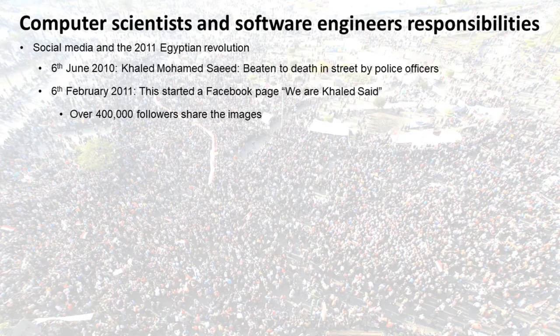So on the 6th of June 2010, Khalid Mohammed Saeed was beaten to death in the street by police officers. This was filmed and this video quickly went viral on the internet. By the 6th of February 2011, a Facebook page was started called We Are Khalid Saeed. Over 400,000 followers shared these images on the internet.